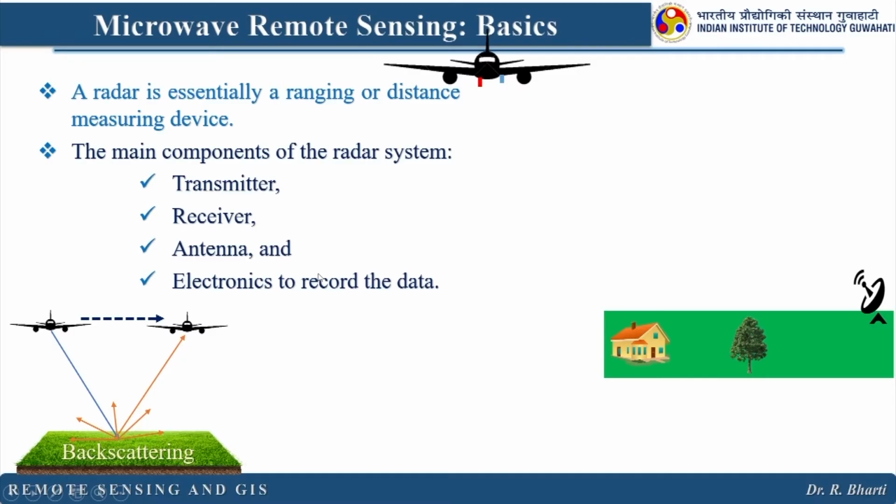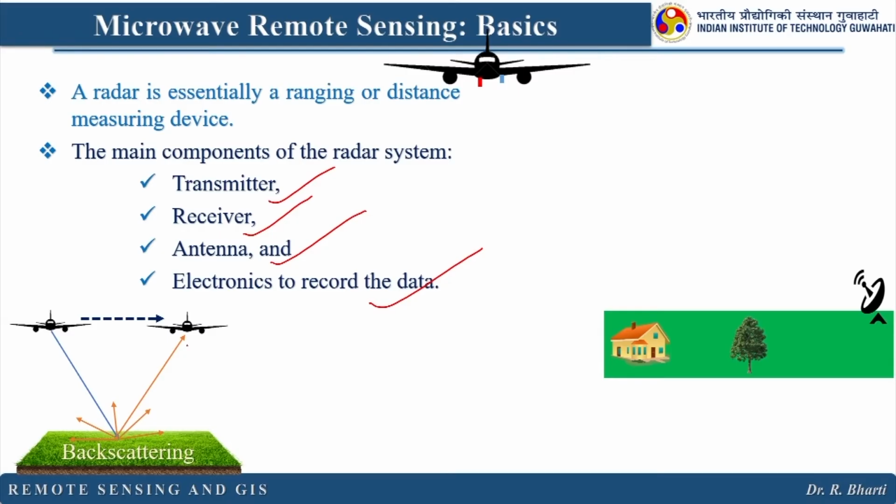Now, let us understand the different components we have in microwave remote sensing. The main components of a radar system are the transmitter, receiver, antenna, and electronics which record the received energy.